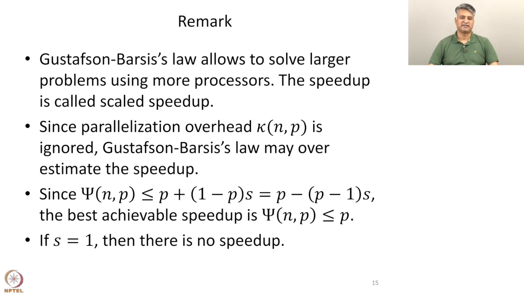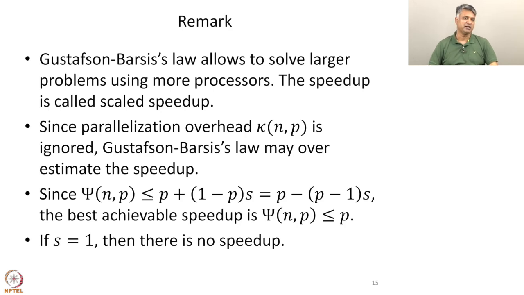Gustafson-Barsis law essentially tells us the weak scaling capability of a program. One must understand the difference between weak scaling and strong scaling. A strong scaling study is done when the problem size is kept fixed and you keep increasing the number of processors, and you figure out whether you get the answers in lesser and lesser time. For a weak scaling study, you keep the problem size changing in proportion with the number of processors that you throw at it, with the hope that you are getting the solution in the same amount of time.